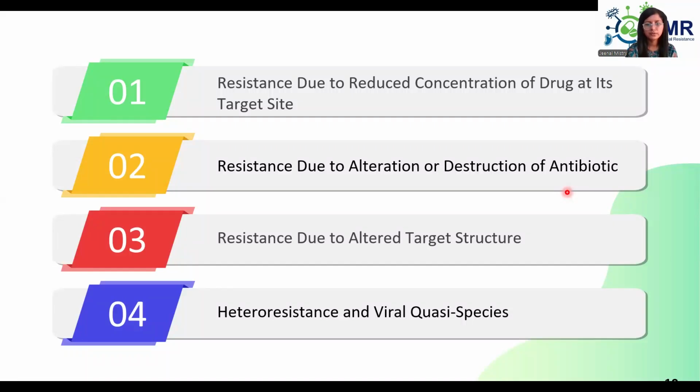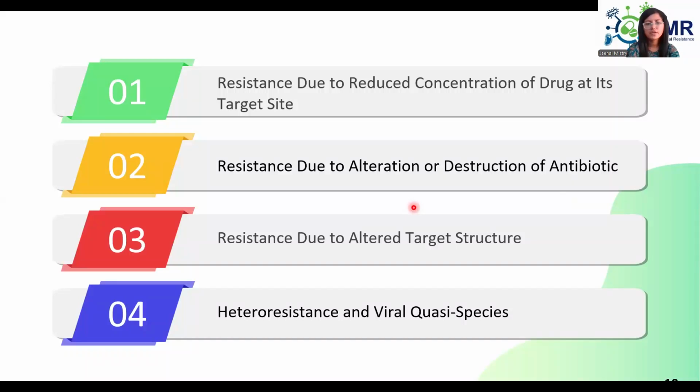We need to learn the different mechanisms: reduced concentration of antibiotic at its target site, production of a microbial enzyme that alters or destroys the antibiotic, and alteration of the antibiotic target in ways that reduce antibiotic affinity. These are the various factors causing antibiotic resistance.